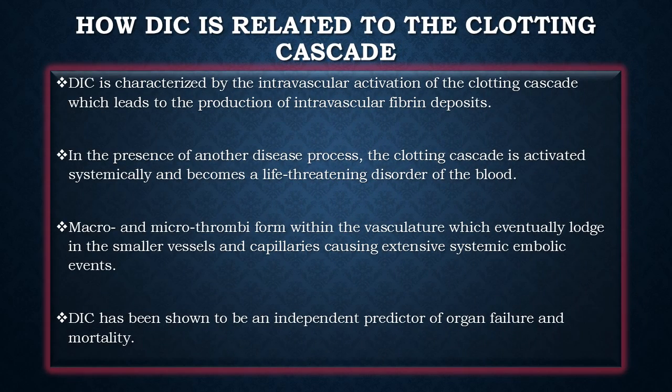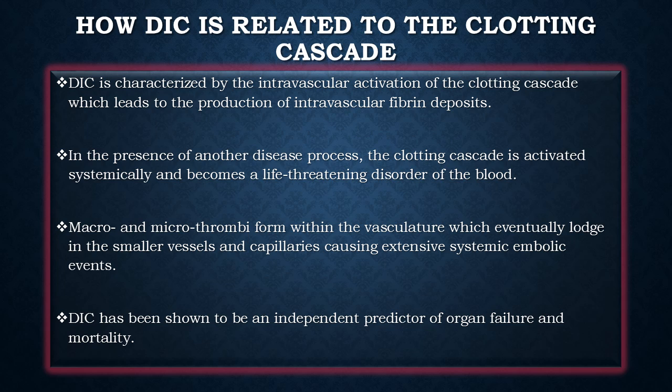So how is DIC related to the clotting cascade? We've talked about it already, but DIC is characterized by the intravascular activation of the clotting cascade, which leads to the production of intravascular fibrin deposits. In the presence of another disease process, the clotting cascade is activated systemically and becomes a life-threatening disorder of the blood.